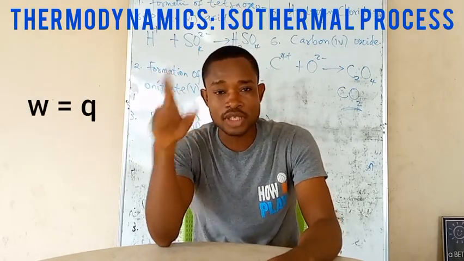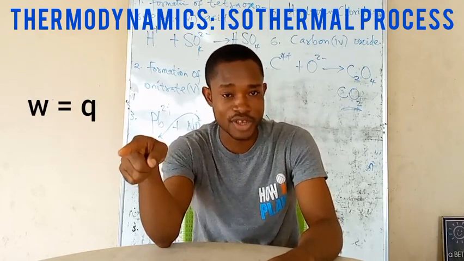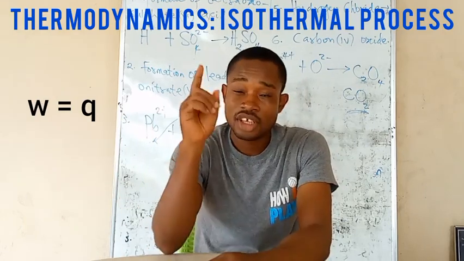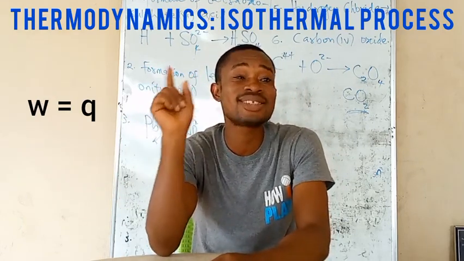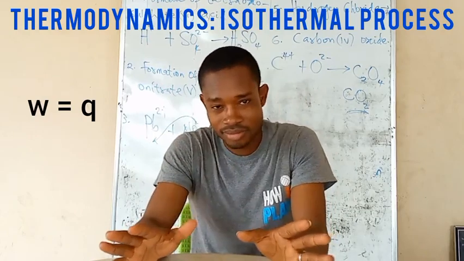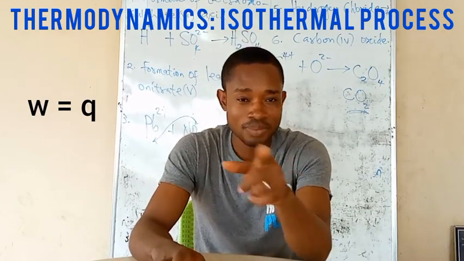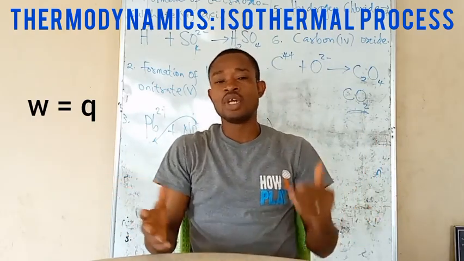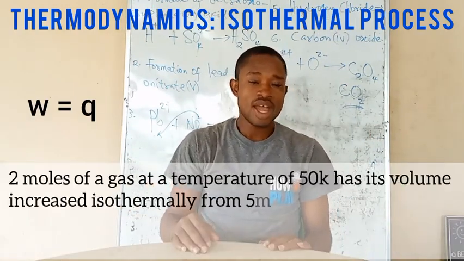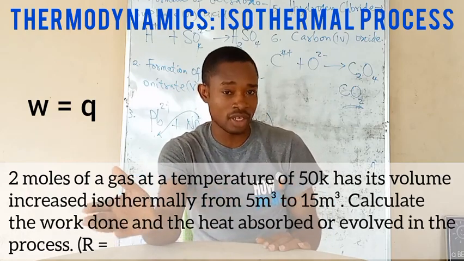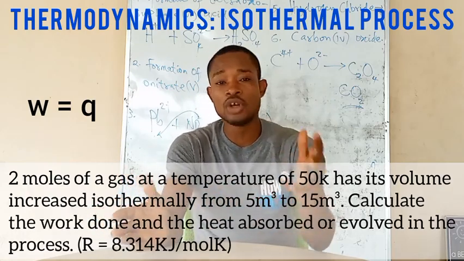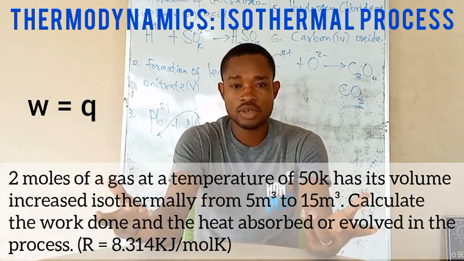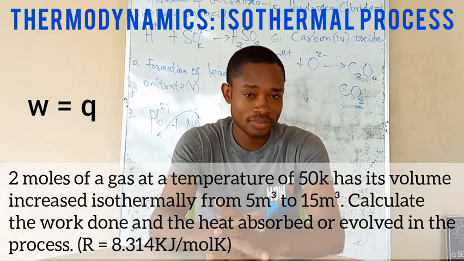Remember that in an isothermal process, work is equal to heat, Q. It simply means the four equations established already, each of these formulas is still equal to the heat in an isothermal process. So if I give you a question, for example, 2 moles of a gas at a temperature of 50 Kelvin has a volume increased from 5 meter cube to 15 meter cube.